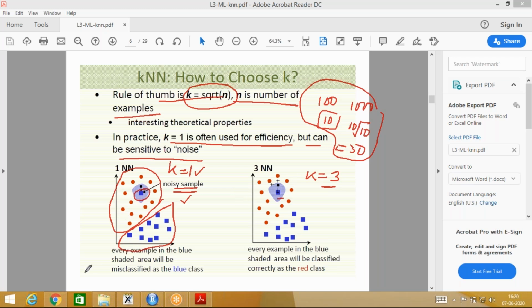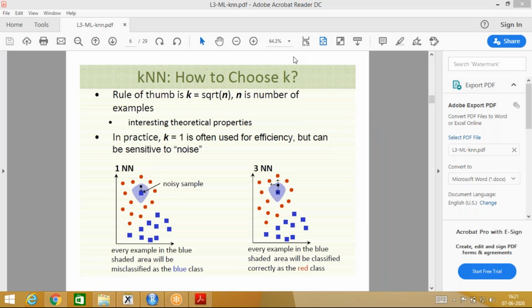So to reduce the probability of misclassification, we generally go for a larger size of K. Larger means how much? Up to the square root of n. But there is a penalty for that. If you increase the size of K, there is a penalty for that.